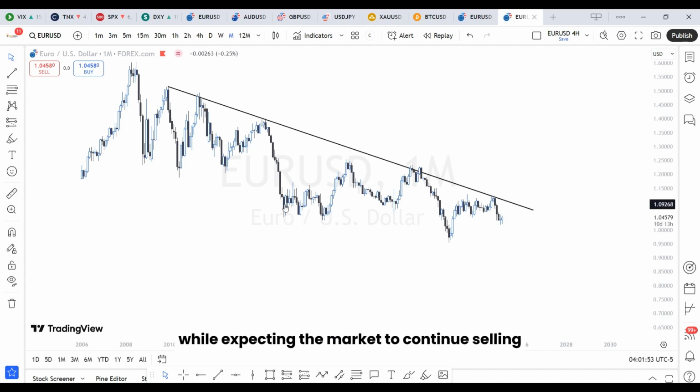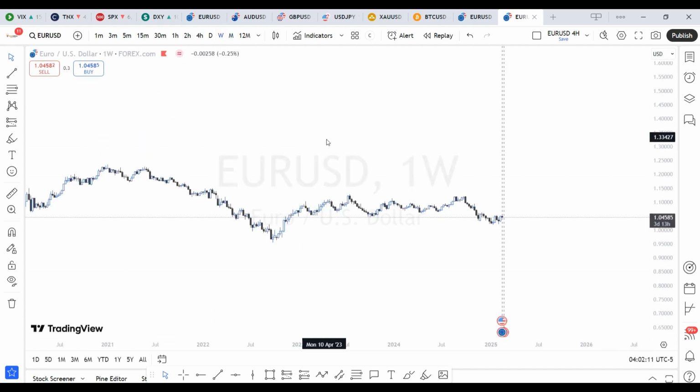We are expecting the market to continue selling all the way down. The same thing for this area, the same thing for this area, because we are in a sell trend. Since we know that for the next 10 months we are going to be selling, we now go down to the weekly time frame.